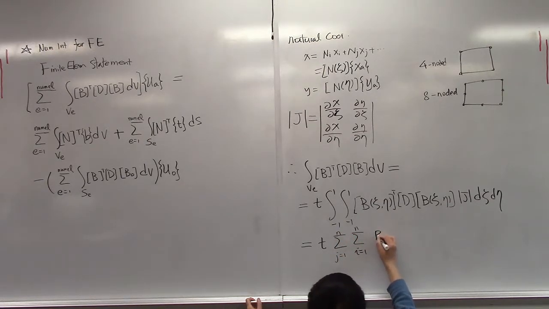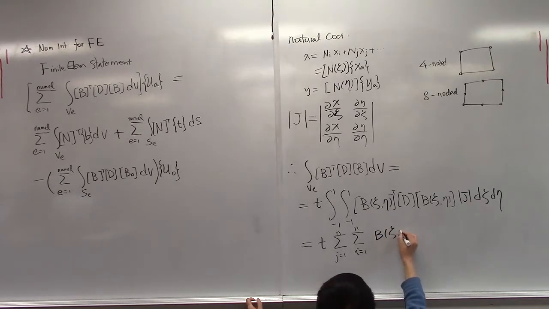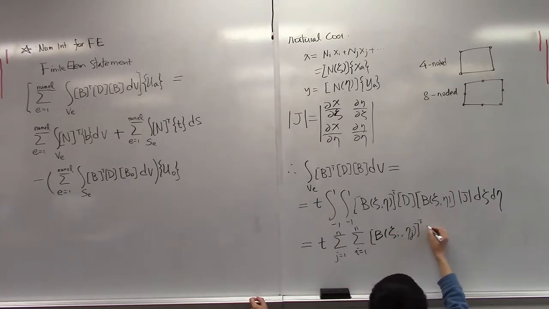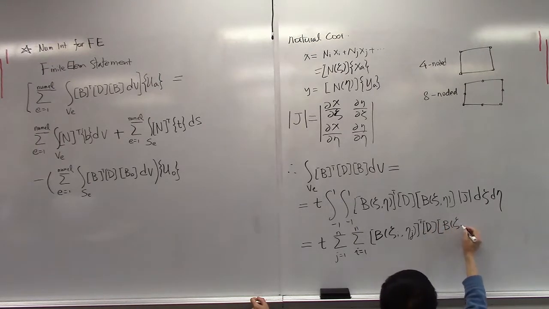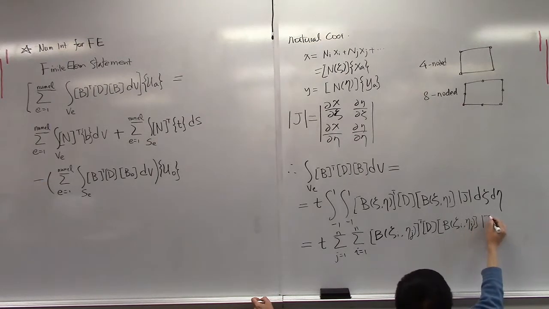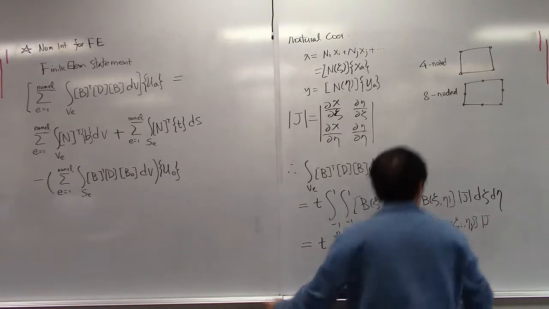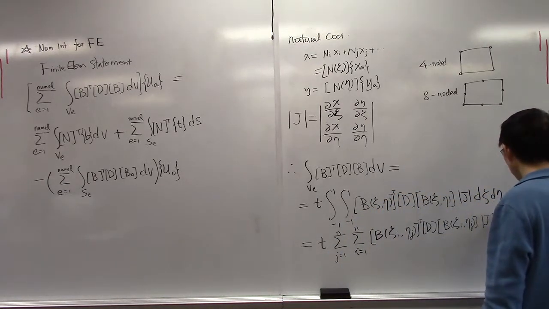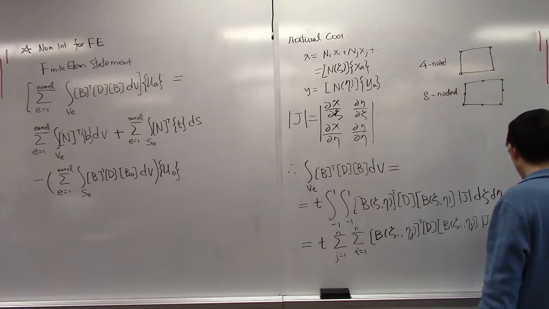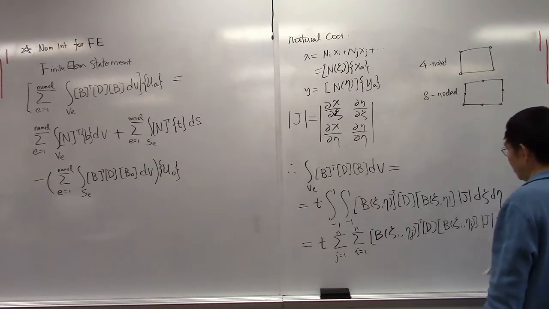So B, theta i, eta j, transpose D matrix, and then B, theta i, eta j, then Jacobian, and then Wi, and then Wj.